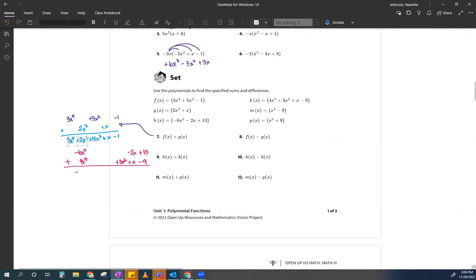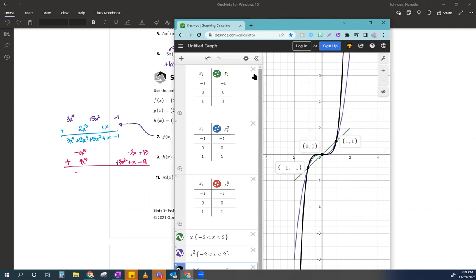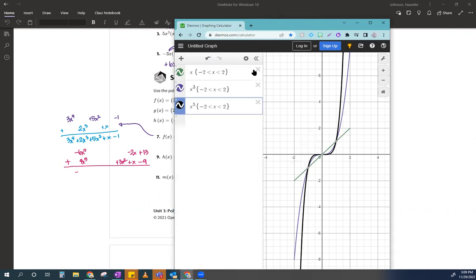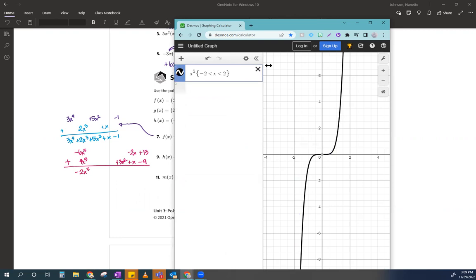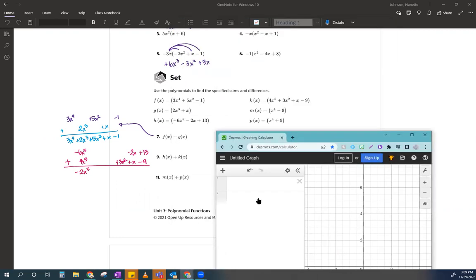Remember that you can always check these using Desmos. Where's my Desmos? Here it is. The way you check this on Desmos, whenever you're checking things, you're basically asking Desmos to graph both of them and seeing if they overlap.